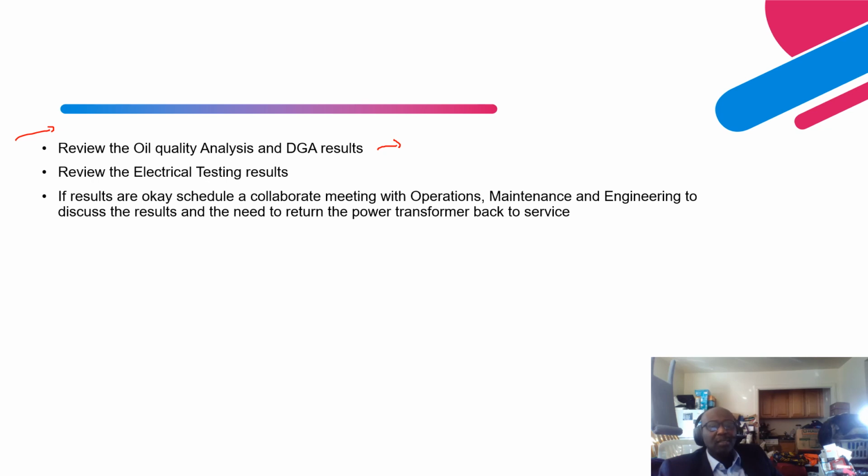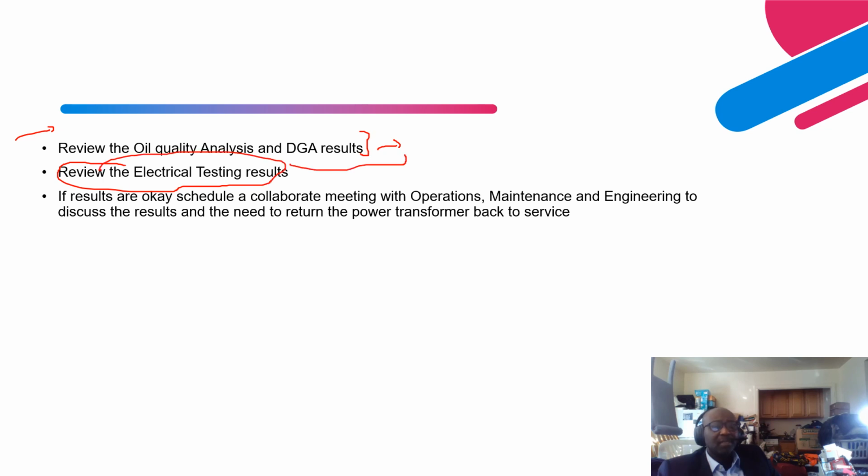What I would suggest, as a discipline engineer, is that you review the results yourself, then compare with what the database is saying. That helps you, as an engineer, to make your own analysis and not rely on database algorithms. Okay. Next, you review your electrical testing results, right?